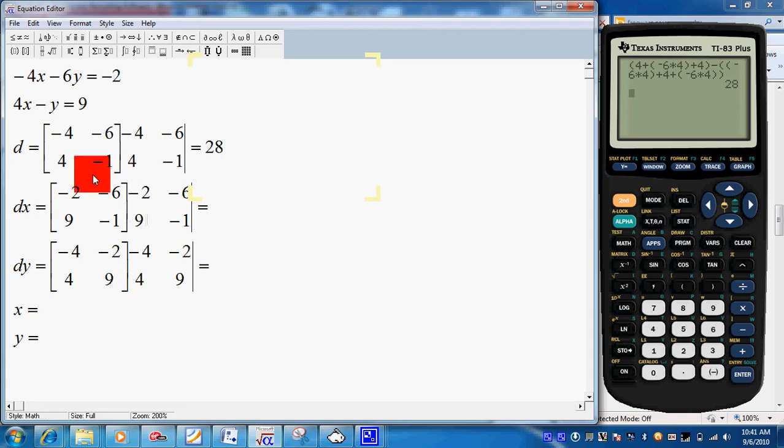We're going to do the exact same thing, but first I have to show you how to set the next matrix up. You put in your numbers, the coefficients, like minus 4. We'll go here because that's the x column, and so on.